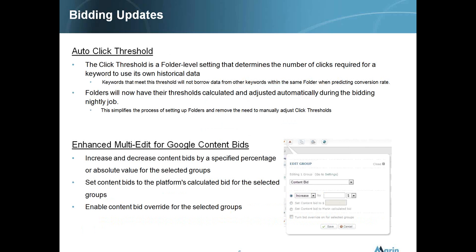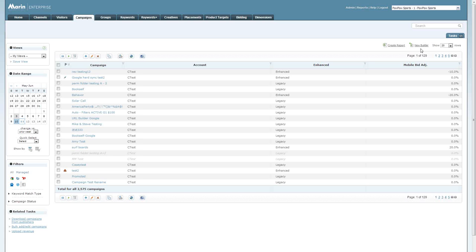So before we go into the next section, which is the bidding updates, I'm going to go ahead and switch over to the application, where I'll quickly go through the wizard and where this can be found.